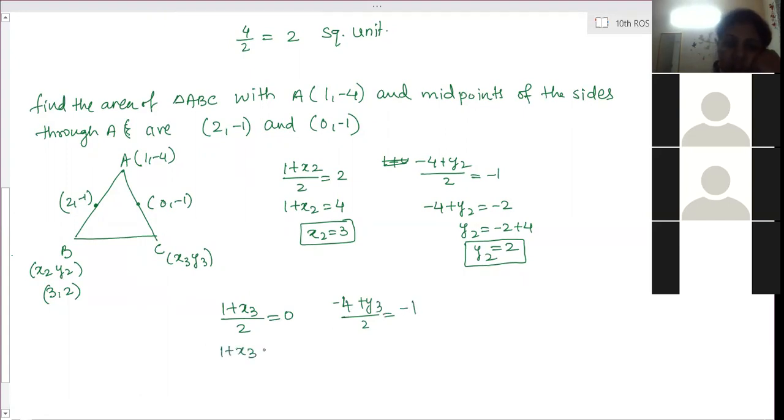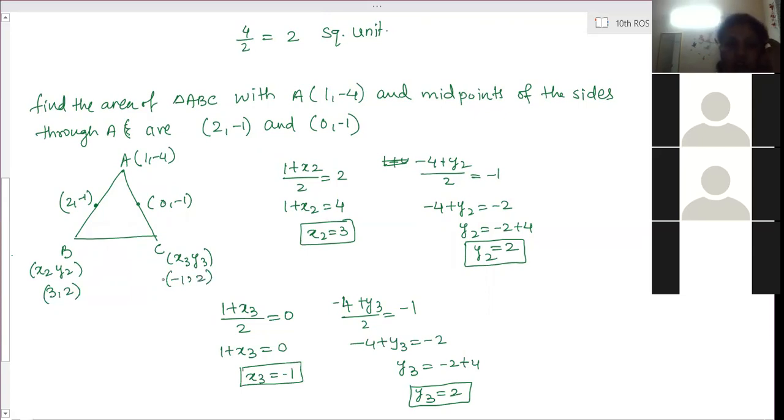So 1 plus x3 is equal to 0, x3 is equal to minus 1, and minus 4 plus y3 is equal to minus 2, y3 is equal to minus 2 plus 4, that is 2. So these are C's coordinates, (-1, 2). Now find out the area of ABC. Try calculating and tell me.